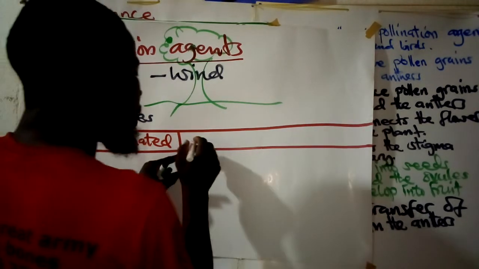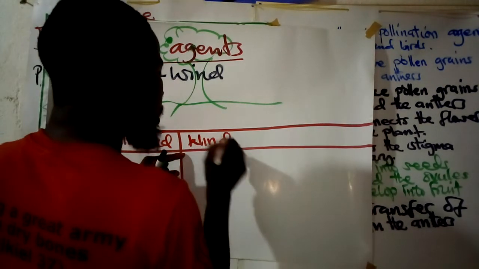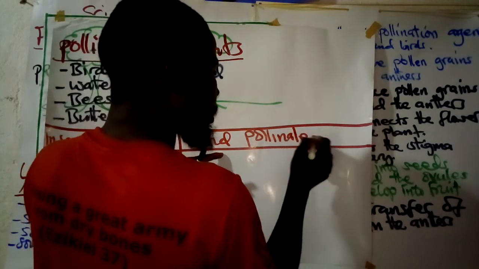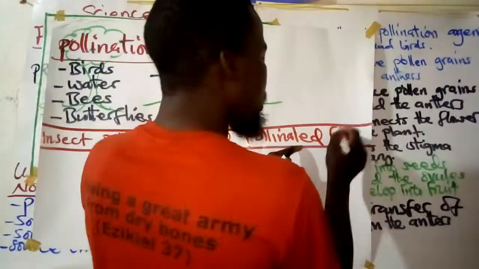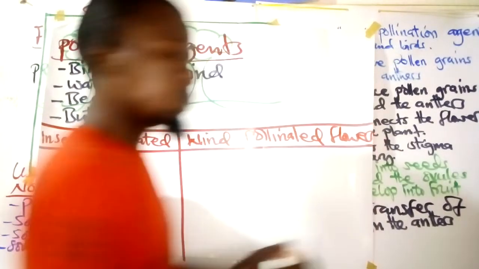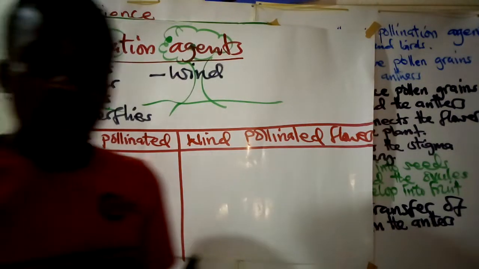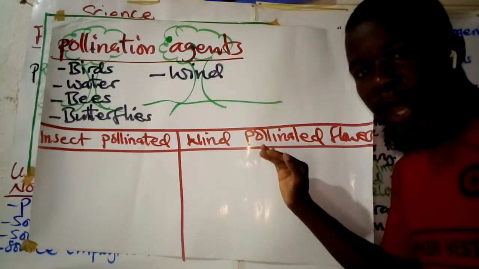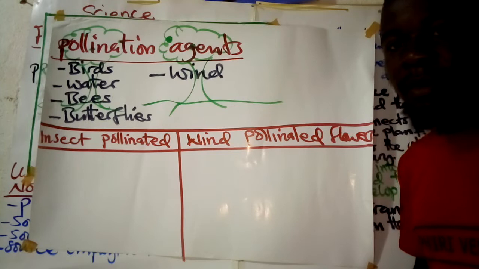Here we have the wind pollinated flowers. All right, I've got the insect pollinated flowers and the wind pollinated flowers.